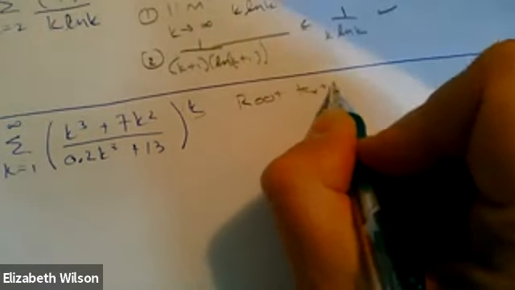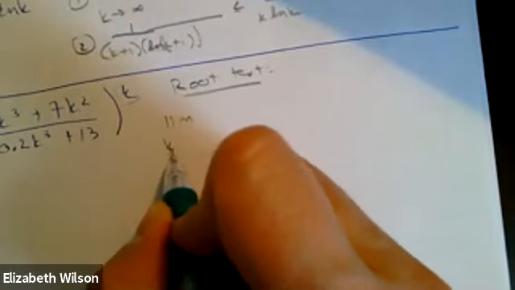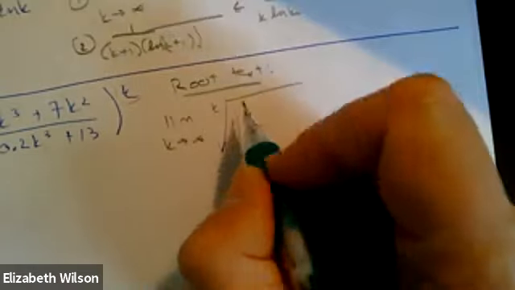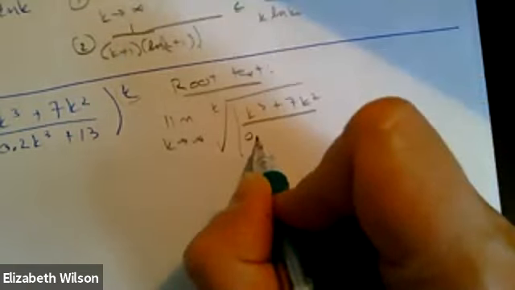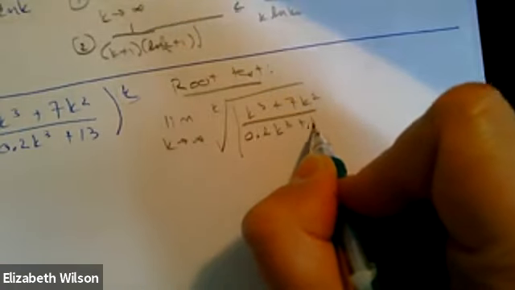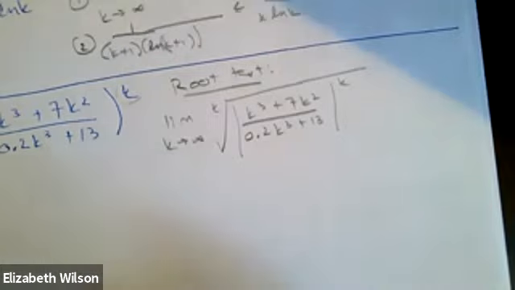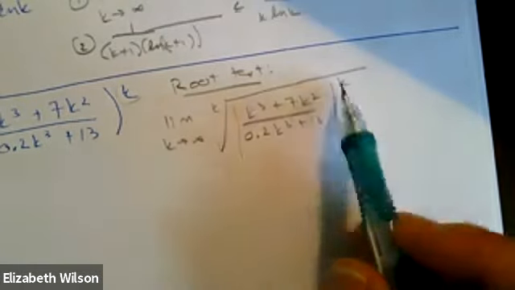So the root test tells me I'm going to take the limit as k goes to infinity of the kth root of the absolute value of k cubed plus 7 k squared over 0.2 k cubed plus 13, all to the k. When I do this, that's going to cancel out these k's here.